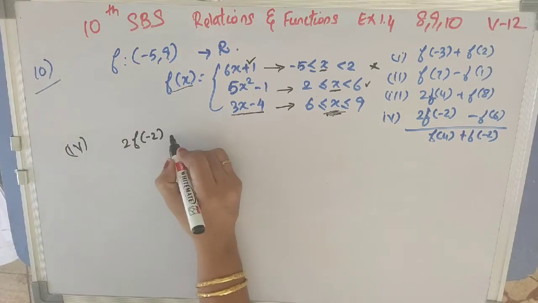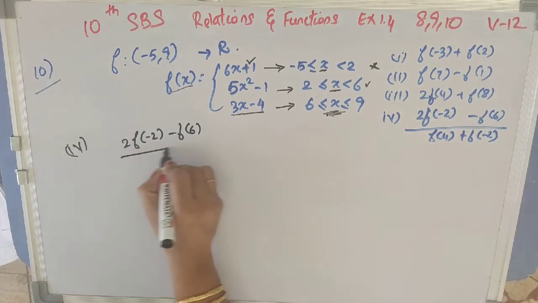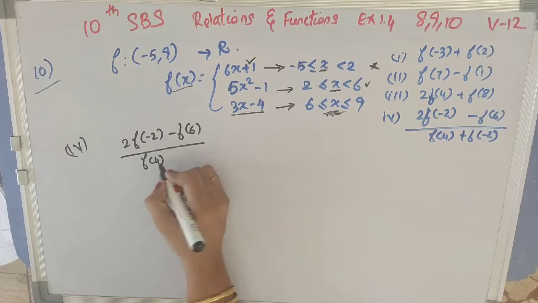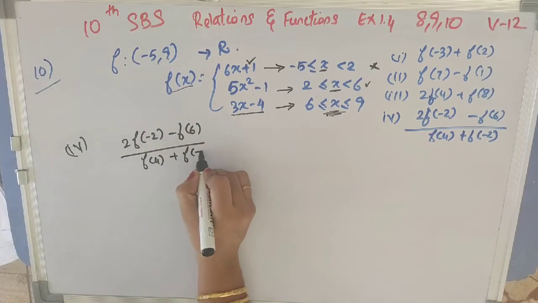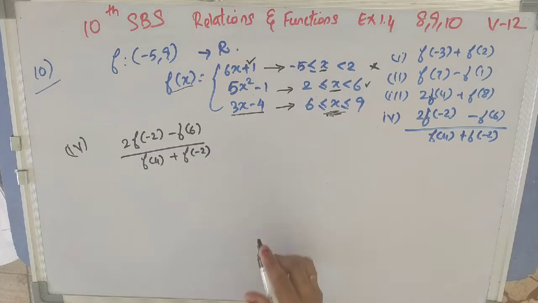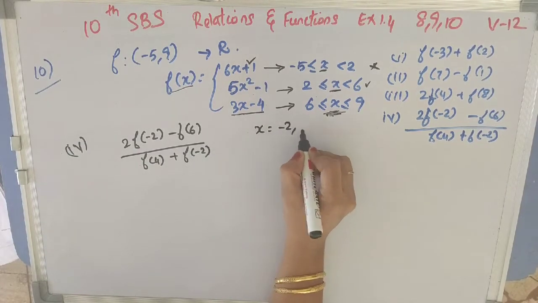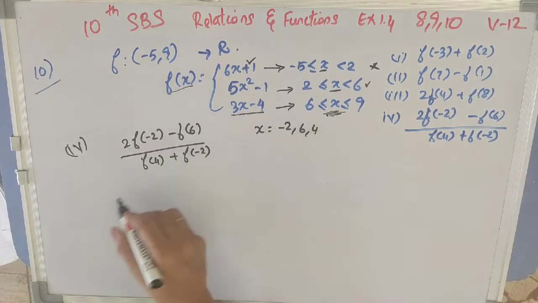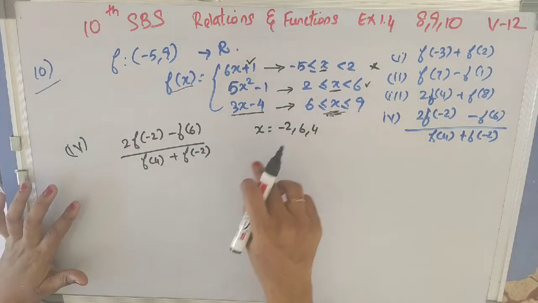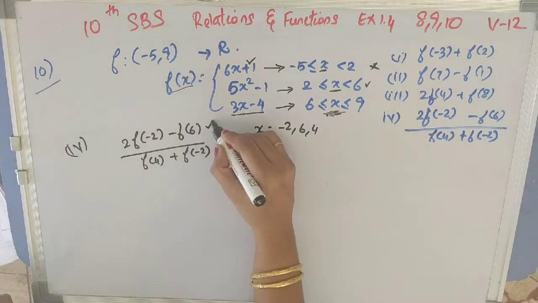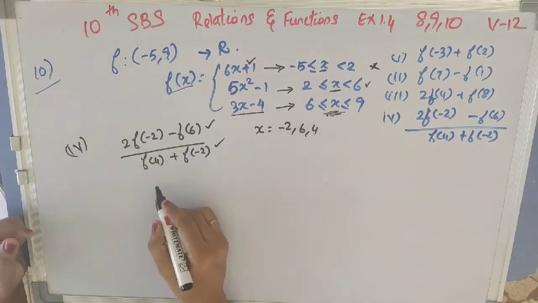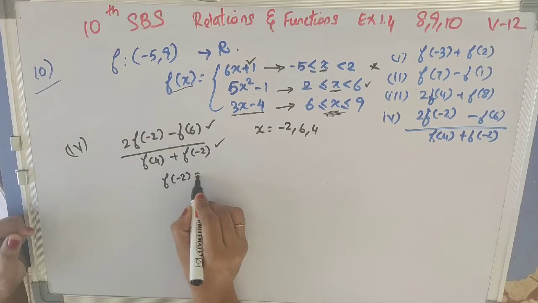We need to find 2 into f of minus 2 minus f of 6 by f of 4 plus f of minus 2. Here, what are the values of x? Minus 2, 6, 4, isn't it? So, first let us find what is f of minus 2, f of 6 and f of 4. Then we can solve the problem.